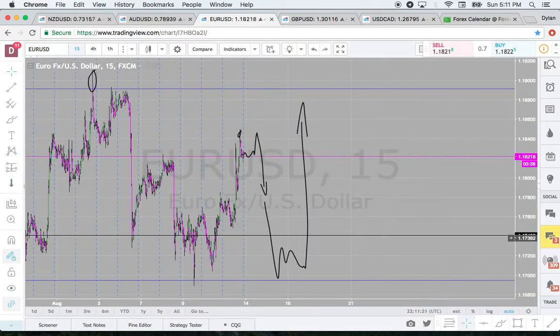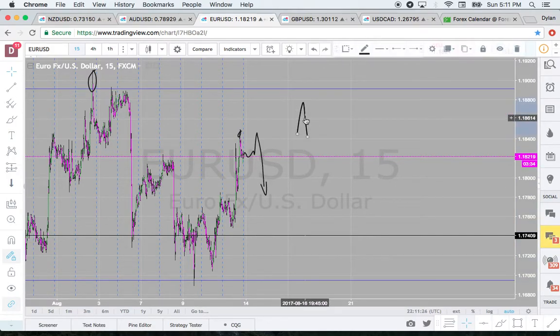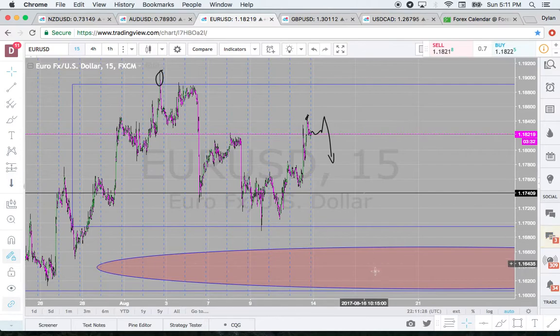I would be looking to buy the euro at its lows, at its lowest point of this week or the next week.